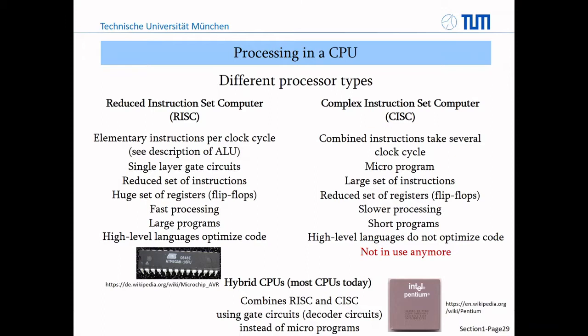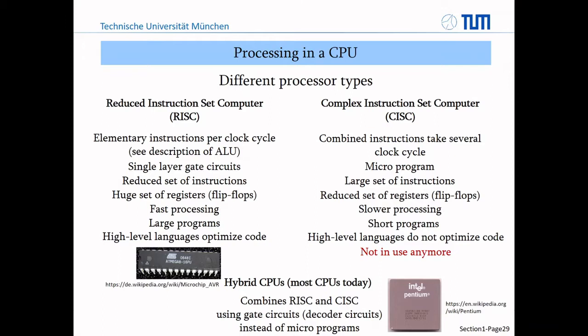You have to combine this set of instructions to get the final program. You have a huge set of registers, so that you can have a large set of stored information. This is quite fast, because you have everything in registers. You have short and small instructions, so it's quite fast, but the programs become quite long. So you need a high-level language with an optimization.